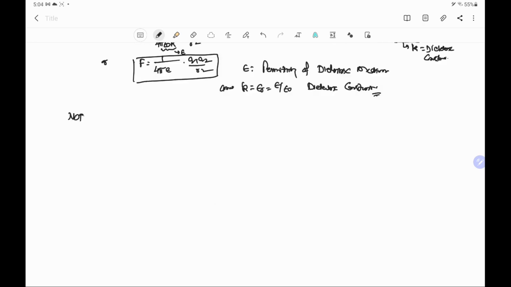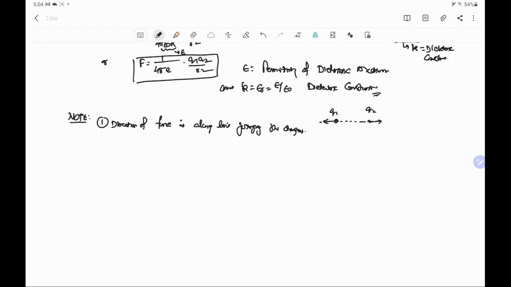Some important points. Number one, we have said that there is Q1, there is Q2, and the force is acting along the line joining them. So the note is that the direction of force is along the line joining the charges.